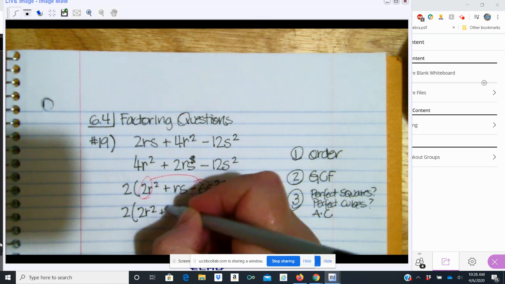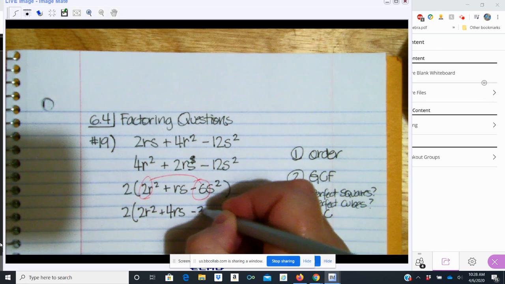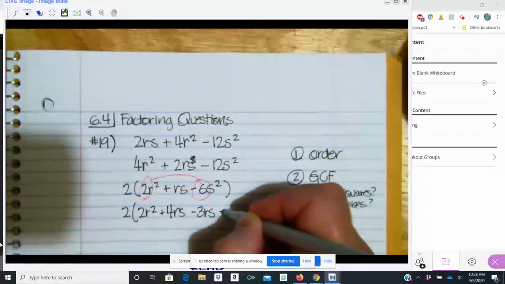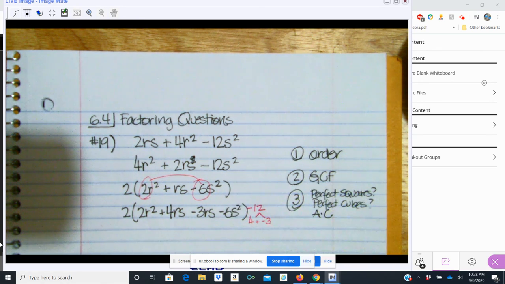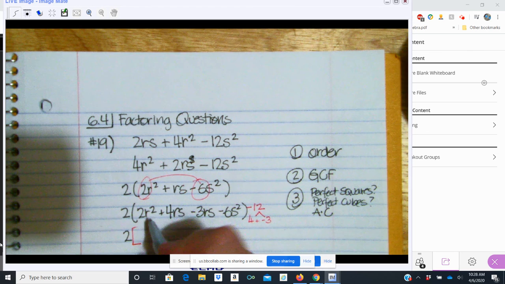2R squared plus 4RS minus 3RS minus 6S squared. I can pull out a 2R, R plus 2S.